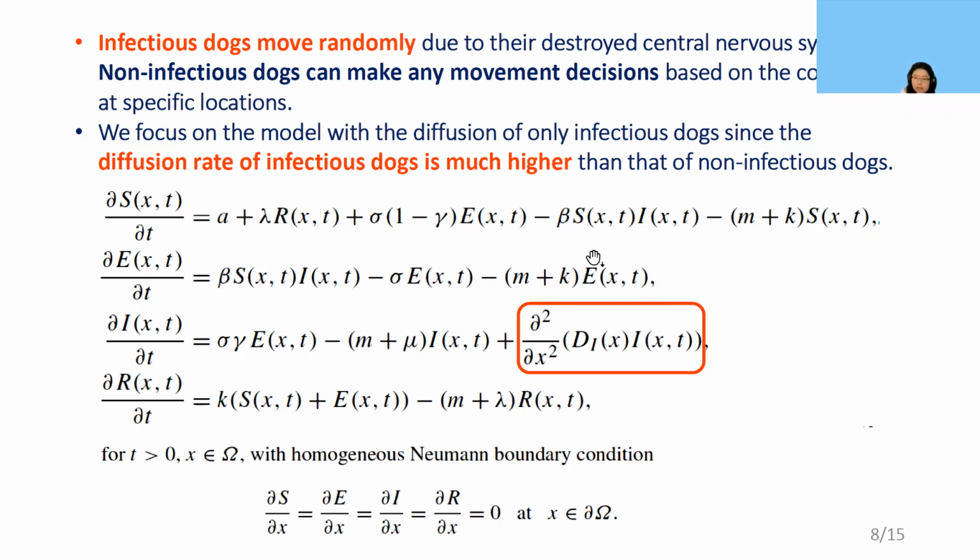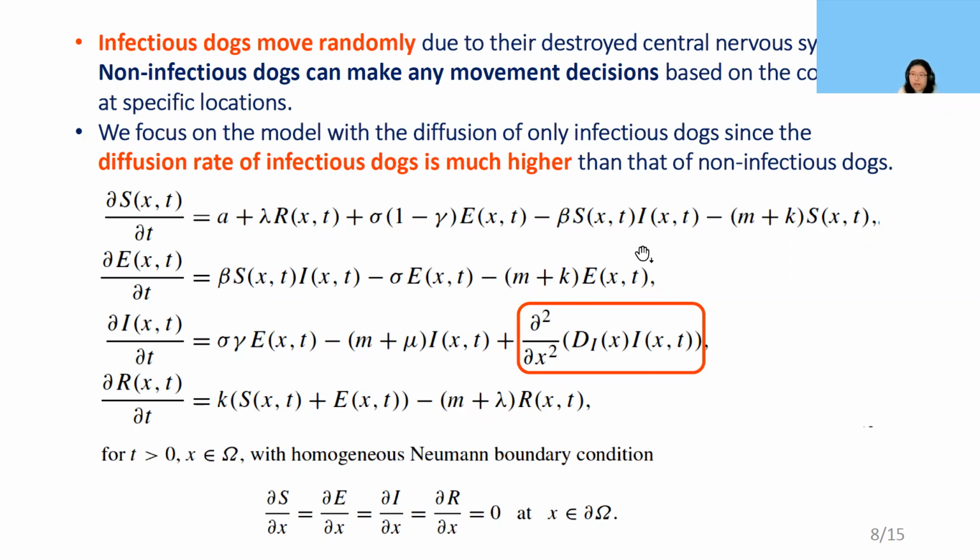And beta SI, this term gives the new infections. 1/sigma gives the duration of the incubation period. We assume a proportion gamma of the bitten animals will become infectious, and the rest, proportion 1 minus gamma, will not develop clinical outcomes.